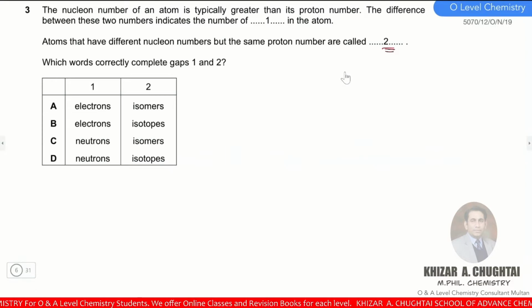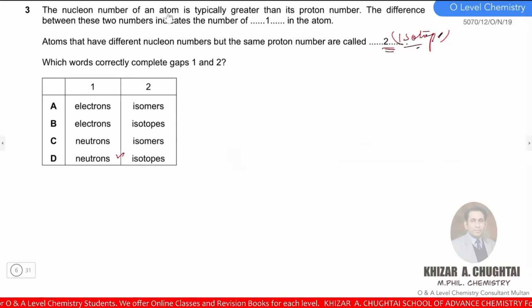Which words correctly complete gap 1 and gap 2? In this case, you know it's isotope. Atoms having different nucleon numbers but the same proton numbers are called isotopes. The difference between the two numbers is because of the neutron, right?